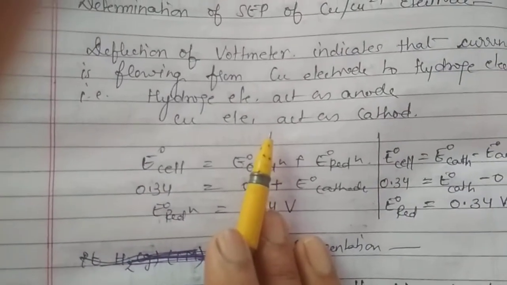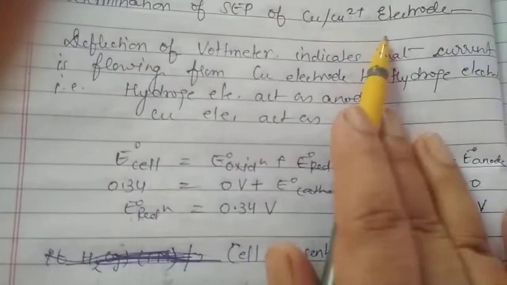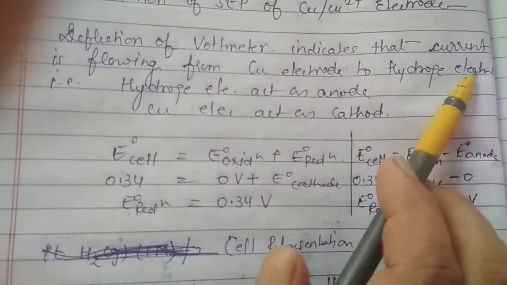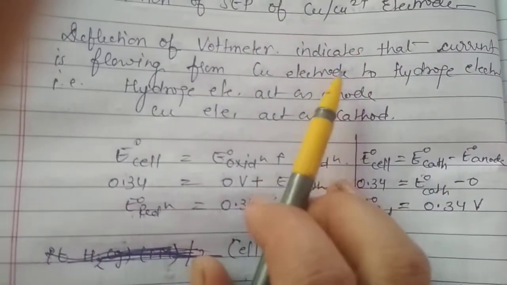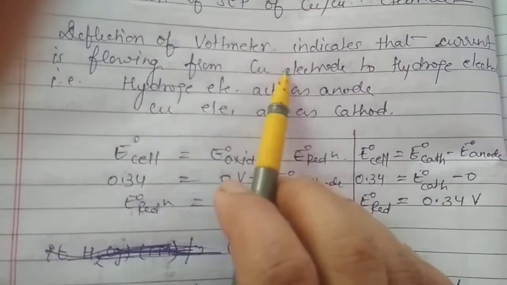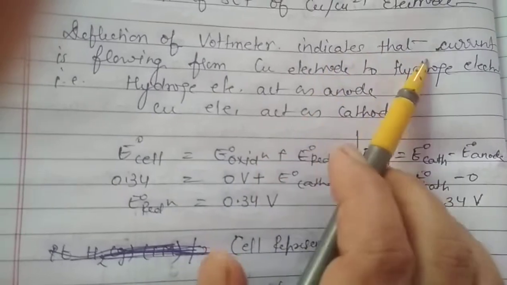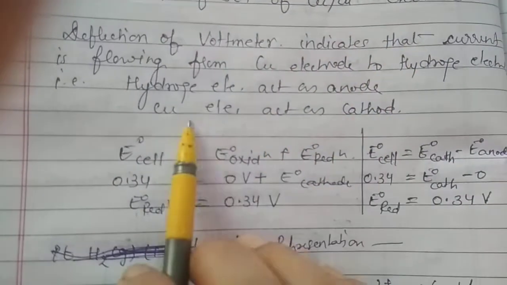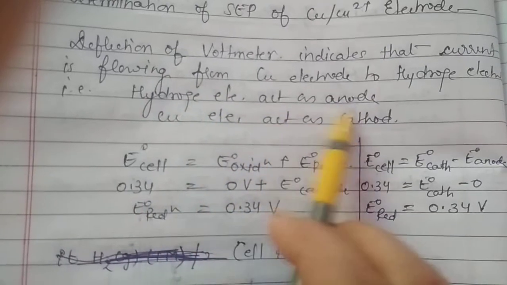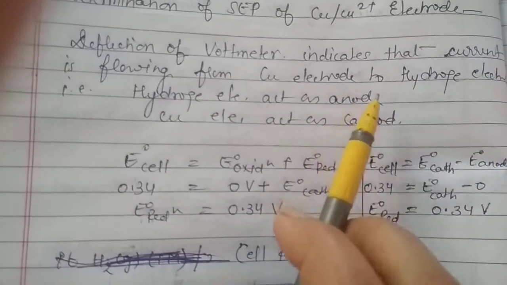When we see the deflection of the voltmeter, that indicates that current is flowing from copper electrode to hydrogen electrode. When we see the current is flowing from copper electrode to hydrogen electrode, means current flows from cathode to anode. It means we may say that copper electrode is acting as a cathode and hydrogen electrode is acting as an anode here.